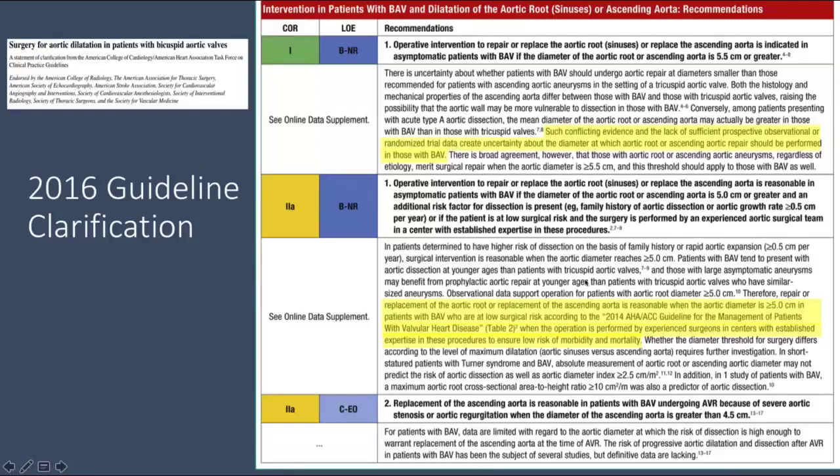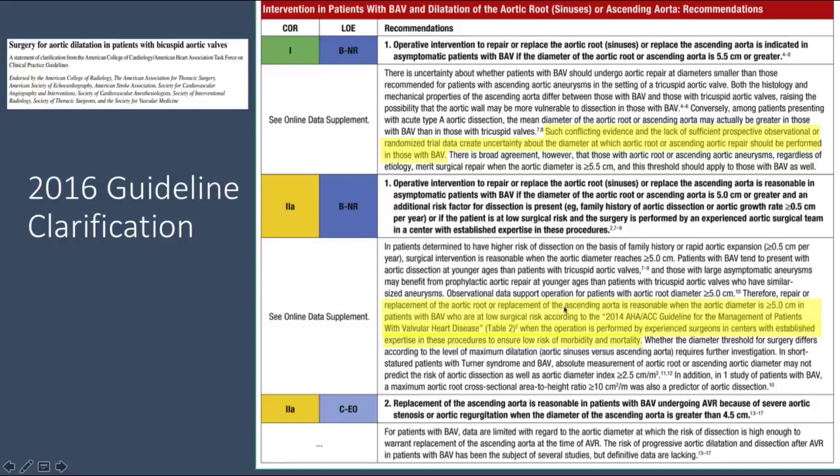So with this information, there was a 2016 guideline clarification. And the gist of this is that the writers, and unfortunately Otto's not here, basically say we don't know what the right threshold is, and they admit this in their guidelines. And they said, well, it seems like 5.5 is reasonable. That's actually the recommendation we use for the normal population.